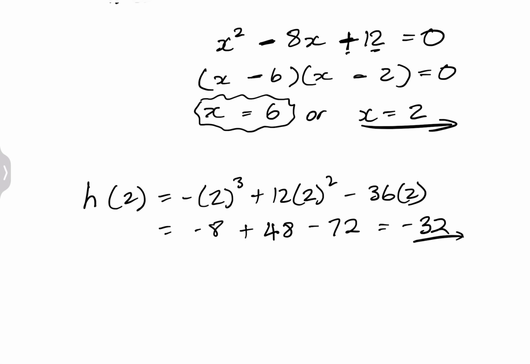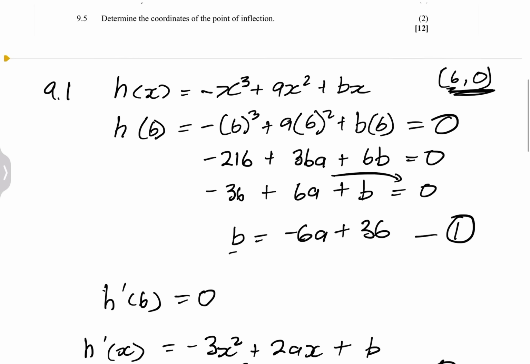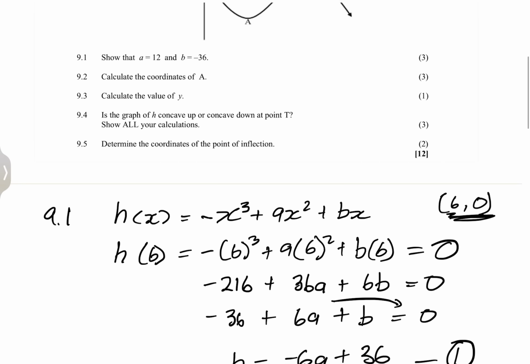All right, so it means that the coordinates are 2 and minus 32. Okay, so we have got the coordinates of that A, which is our turning point.